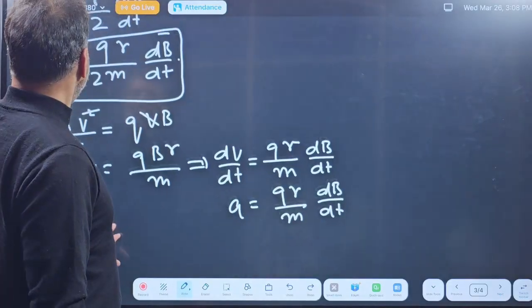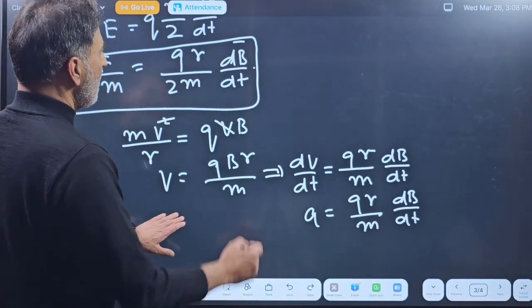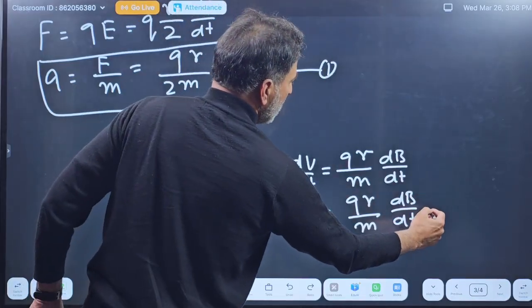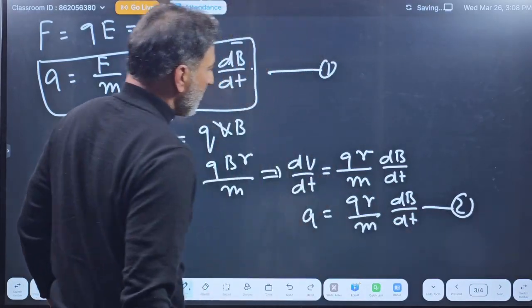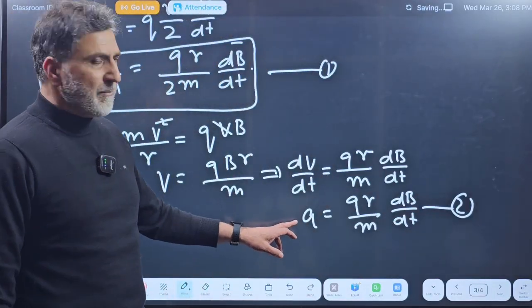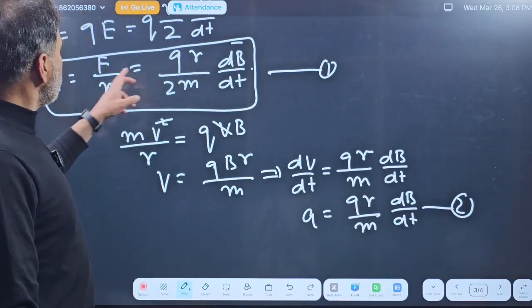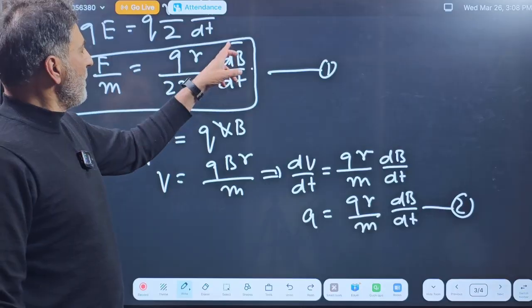Now we have to equate equation 1 and equation 2, and let us see what we get. The acceleration is QR by M dB by dt, and it is also the acceleration QR by 2M dB bar by dt.